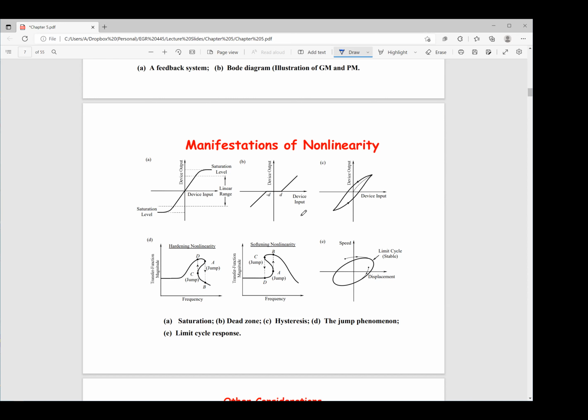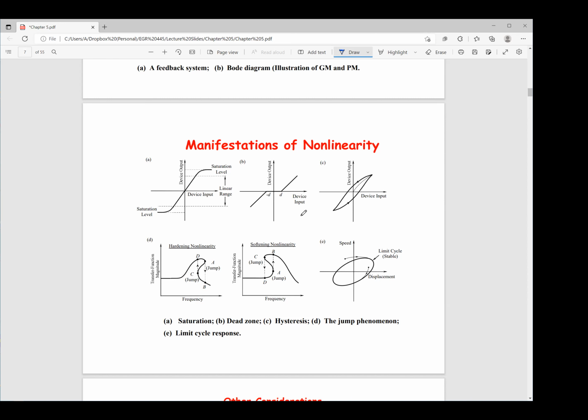So basically, if you really want to understand the system, or if you want to design the system for any particular specifications, one possible way is to design a system and make sure that the system is behaving as the linearized approximation of the nonlinearity.